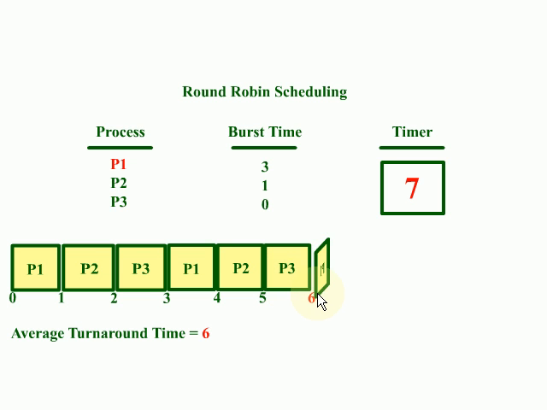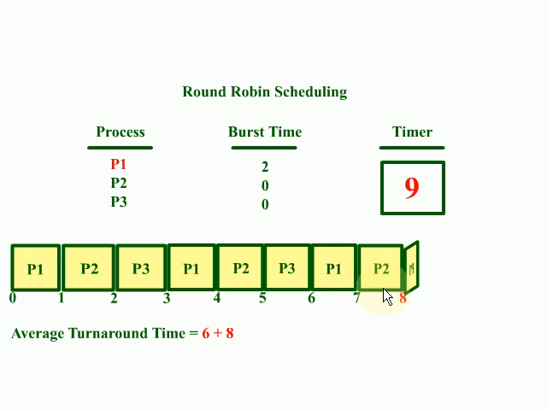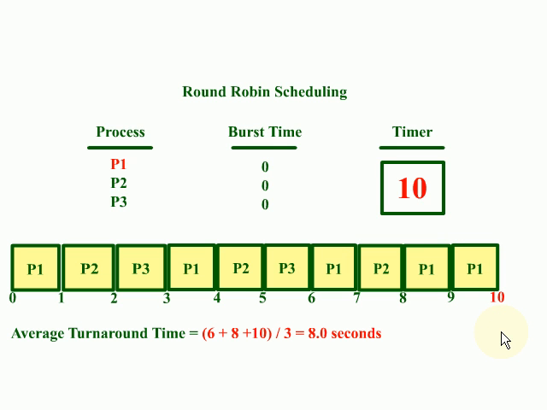P3 has completed its execution, so now we go for P2, and as there is no P3, we go again for P1. Now there is no P2 and P3, so we go for P1 and P1, and now we have completely executed all three processes, so our process queue is empty. So this is how round robin scheduling works. Hope you understood the video, and thanks for watching it.